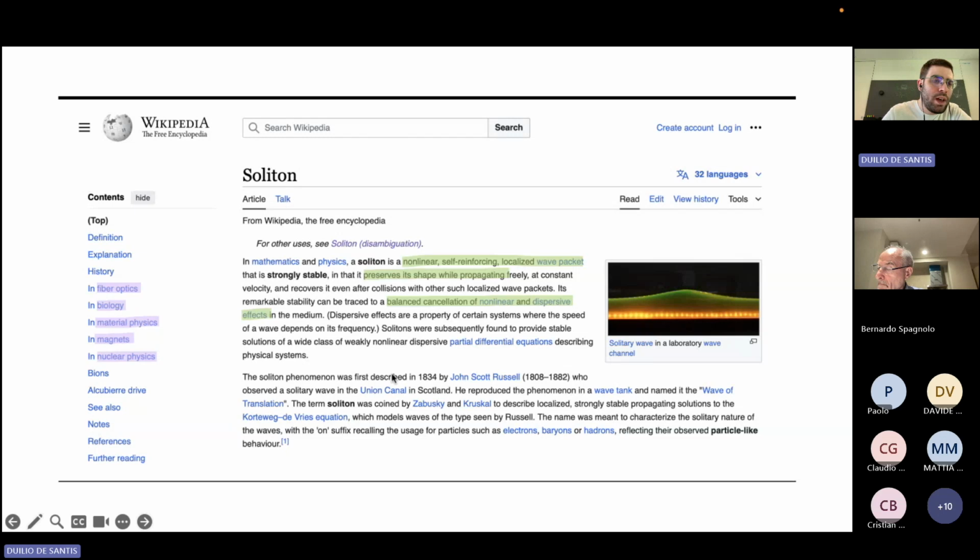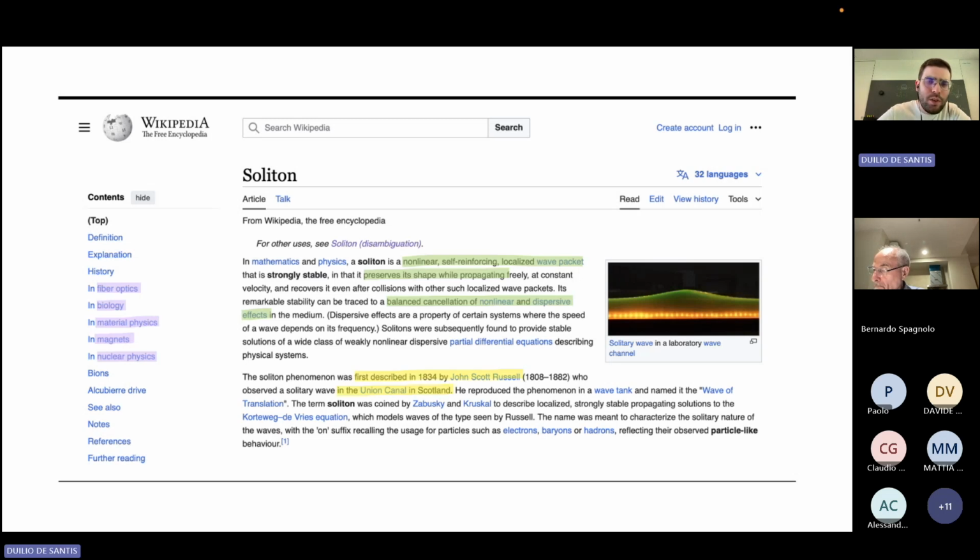For example, we have applications in fiber optics, but also in biological systems, in material science, in magnetic systems, in high energy physics. So really there is a lot of interesting research going on about these nonlinear waves, which have quite remarkable properties.